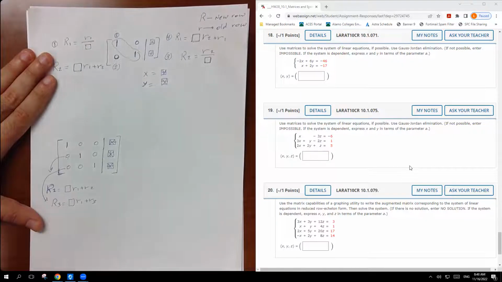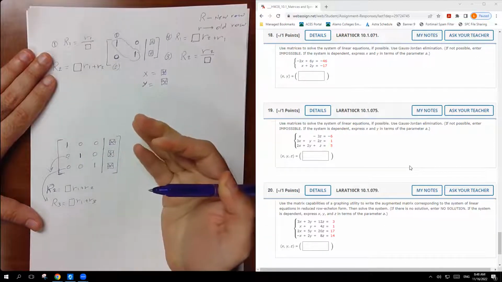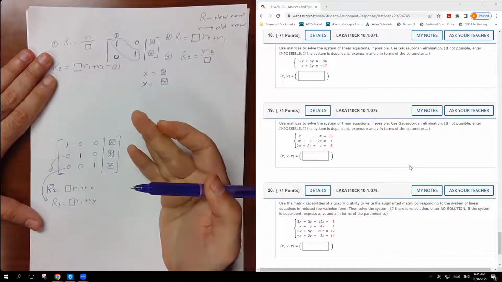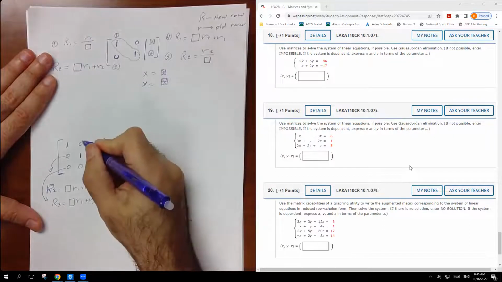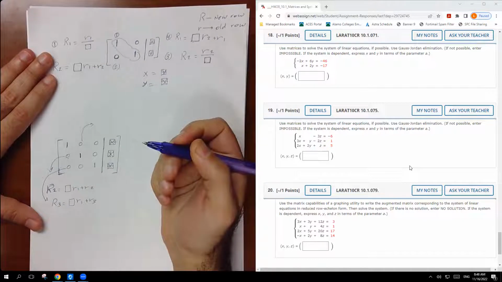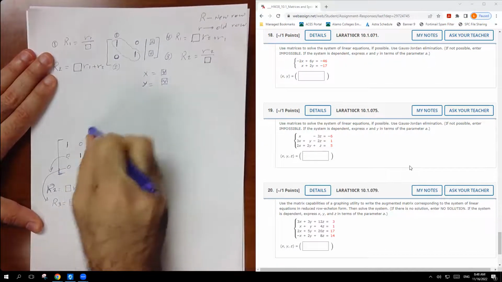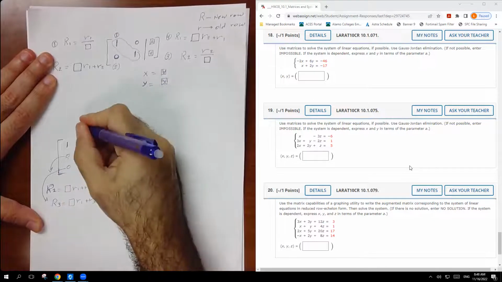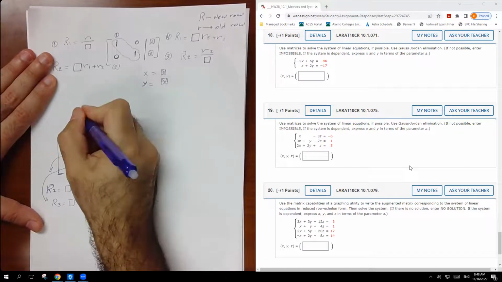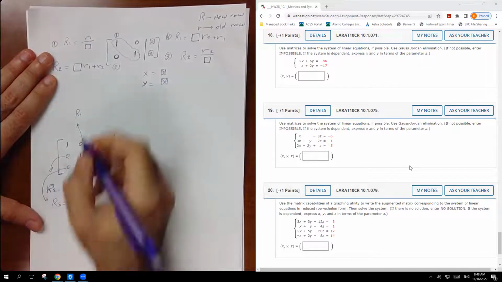Now let's check here. To convert this number to 1, we're going to divide. So I don't have to write down these steps again. But to convert the number here to 0, I'm going to write down the steps here. We're going to say R1, because the change is going to be on this row.